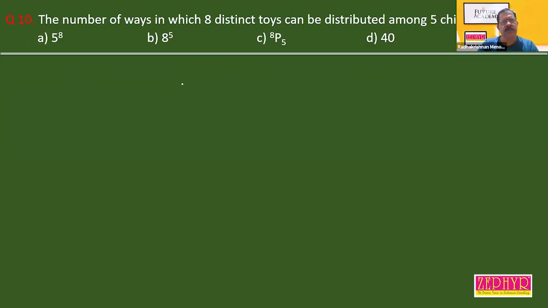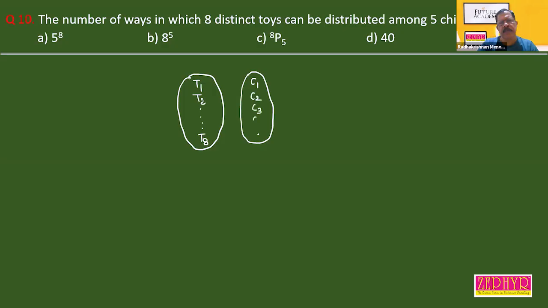Eight distinct toys: toy 1, toy 2, up to 8. 5 children: child 1, 2, up to child 5, different ways. Can anybody give me the answer?